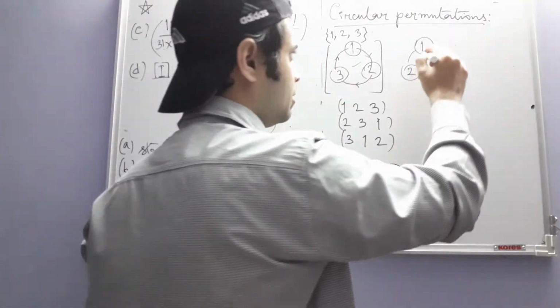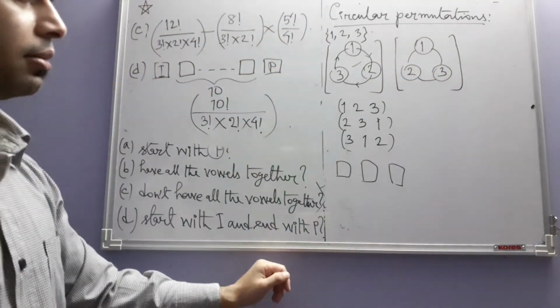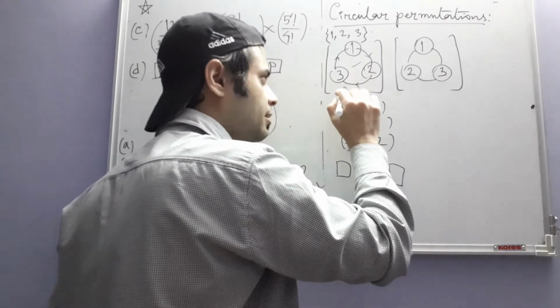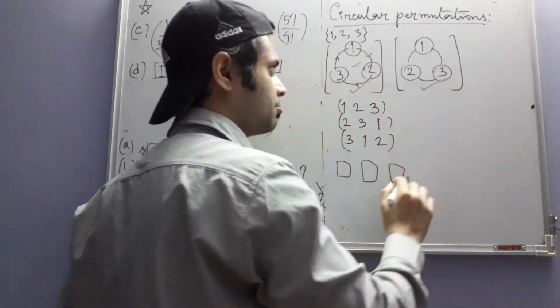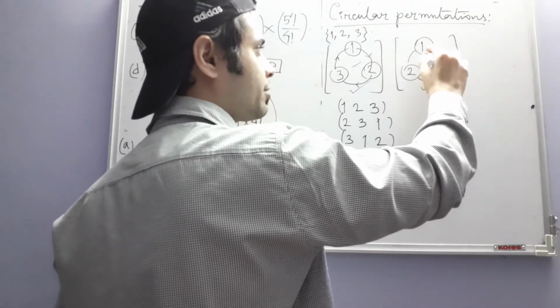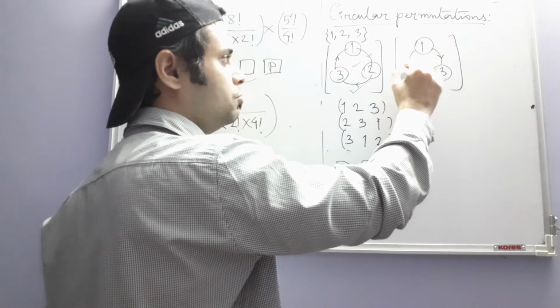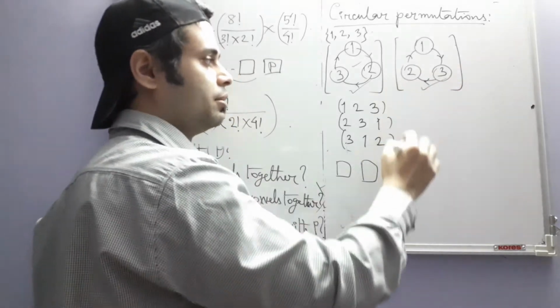However, for this one, the thing is slightly different. Why is this cyclic permutation different from this one? It's because if I go clockwise, after 1 I get 3, and then I get 2, and then I get 1.